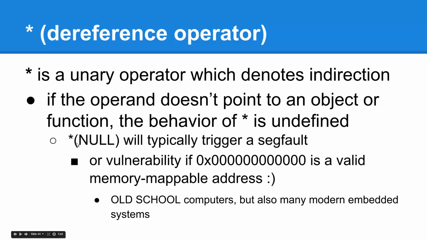It is commonly understood that a dereference of a null pointer will typically trigger a segfault, as the null page, or the address of all zeros, is usually memory protected and part of what is typically kernel space in most processes on most platforms. However, I should note that many modern embedded systems allow you to map memory at the null page.